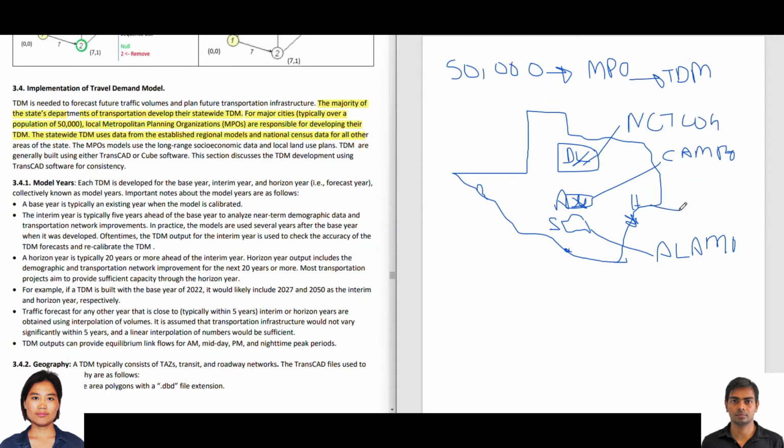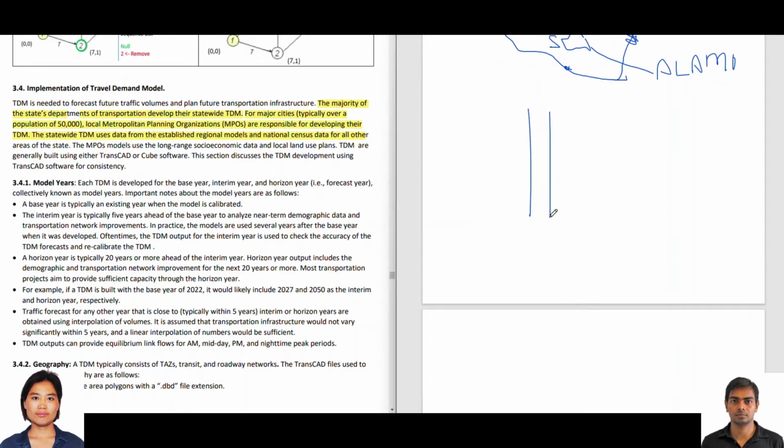For Houston, it's called HGAC, Houston Galveston something Council, and then El Paso MPO and Laredo MPO. So these MPOs, they build their own travel demand model, which is very detailed.